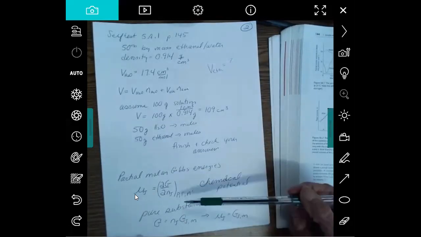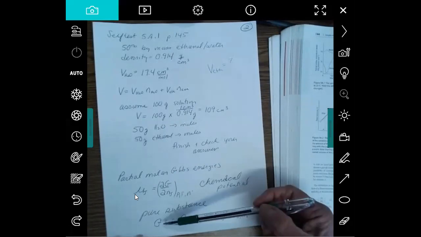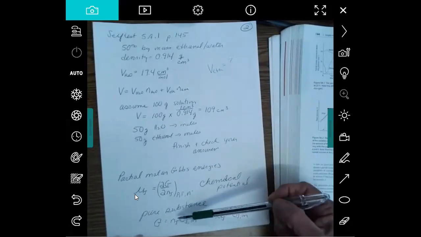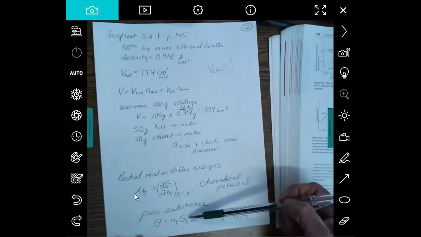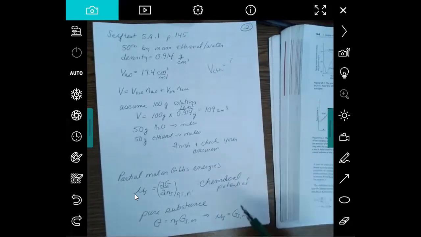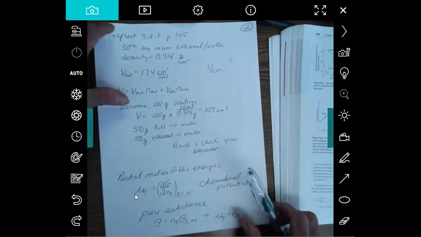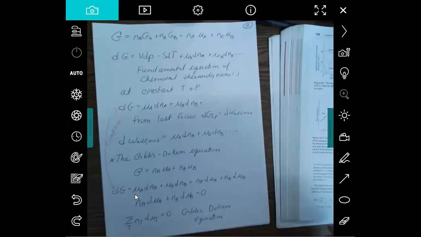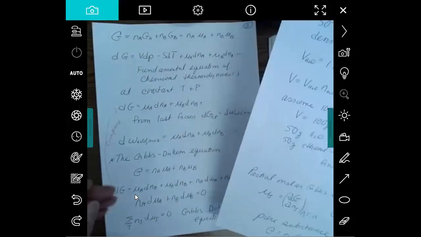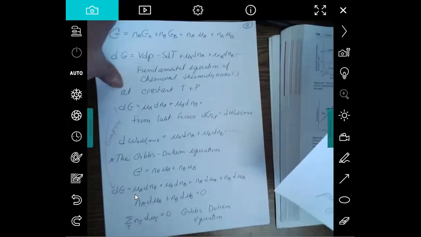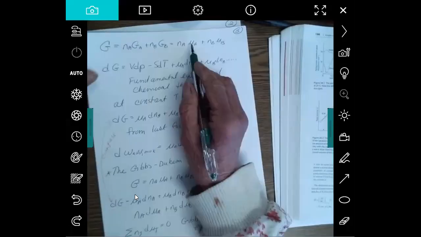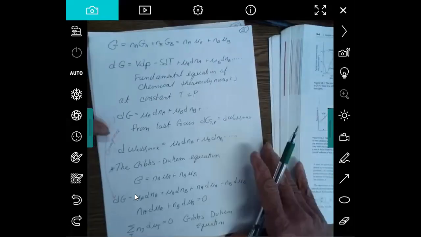So if you have a pure substance, then it's going to be true that the total Gibbs free energy is the number of moles of J times the molar Gibbs free energy of the J component. And if the molar Gibbs free energy of the J component is the chemical potential of J by our definition, then we can replace each molar Gibbs free energy with the chemical potential, and we have the same equation.